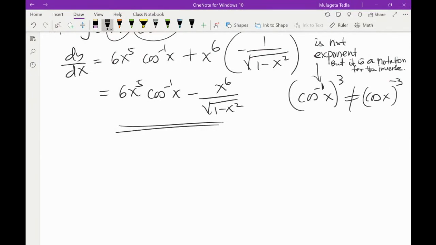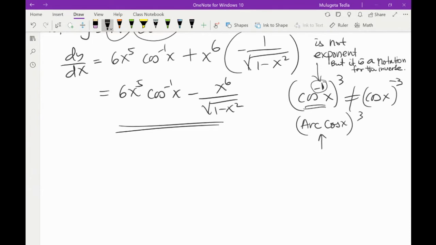Okay, please don't make that mistake. Don't treat it as a number. It's not a number. It's a name. This is nothing but arccos x. Sometimes they use arccos x for the inverse: arctan, arccos, arcsin. But the book uses negative 1 for the inverse. It doesn't have a value.